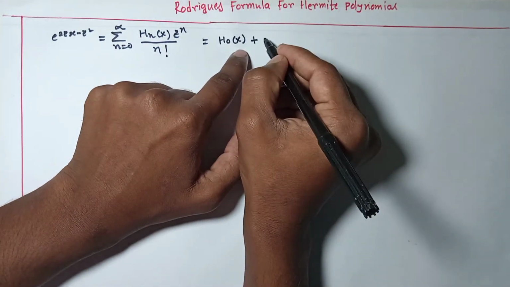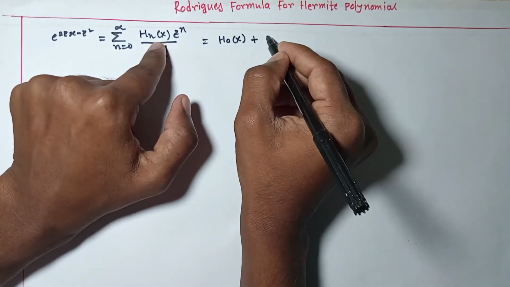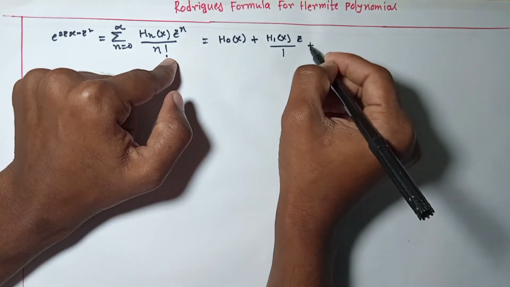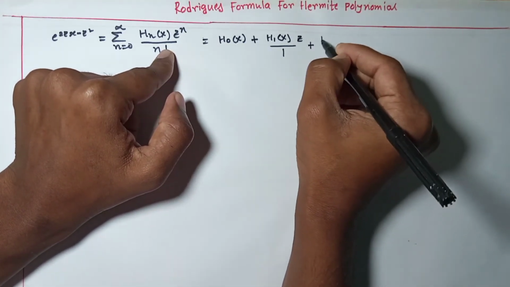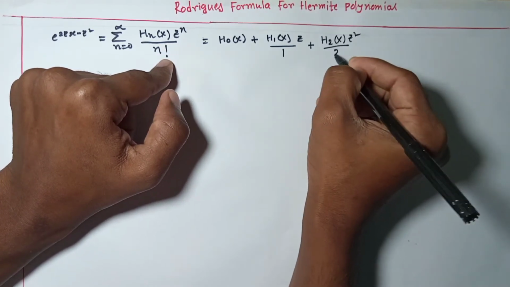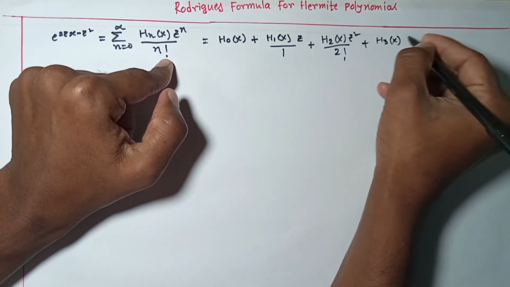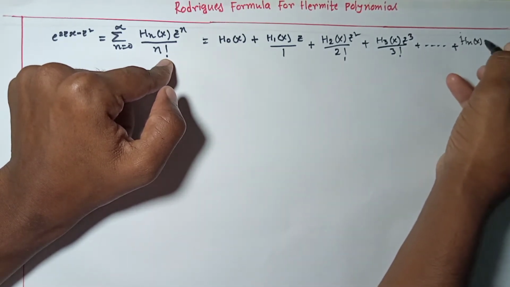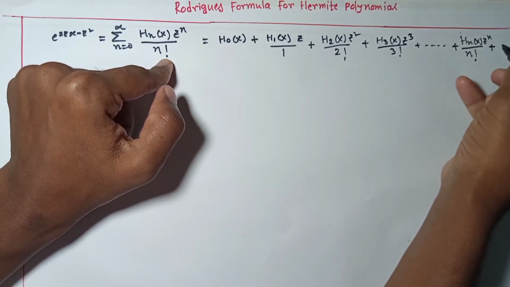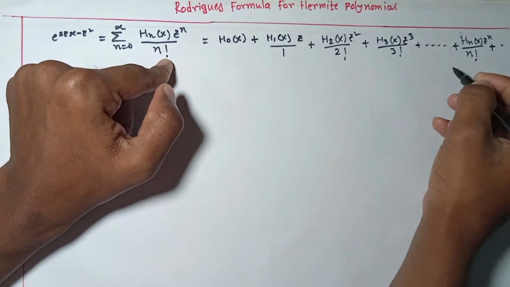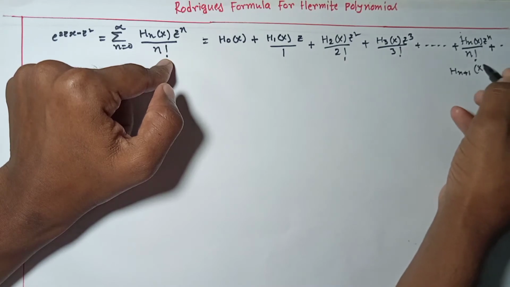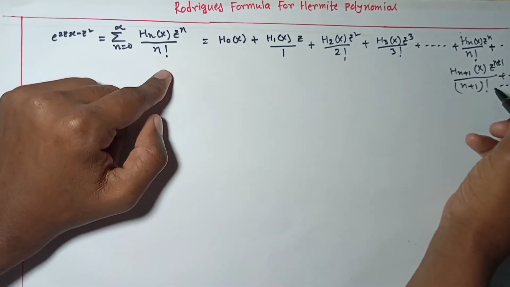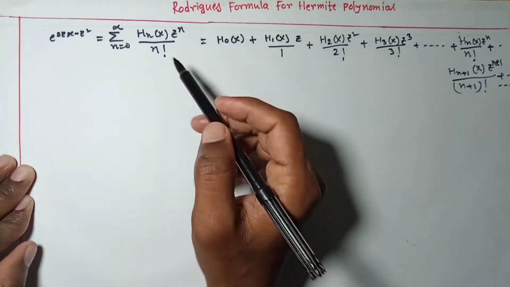Then we get H_1(x) z to the power 1 divided by 1 factorial, plus H_2(x) z squared divided by 2 factorial, plus H_3(x) z cube divided by 3 factorial, plus ... plus H_n(x) z to the power n divided by factorial n, plus H_(n+1)(x) z to the power n plus 1 divided by n plus 1 factorial, plus ... This is the generating function.